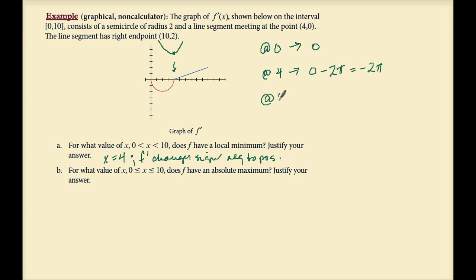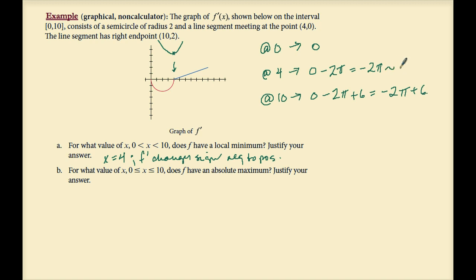Where were we at 10? We started at 0, we accumulated the negative 2 pi area, but we also added this positive area of the triangle, which is 6. This is negative 2 pi plus 6. Let's look at decimal approximations of these values in order to determine the maximum value.